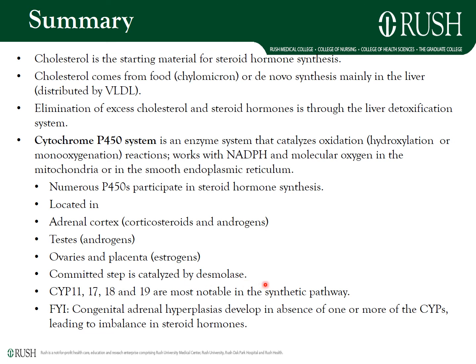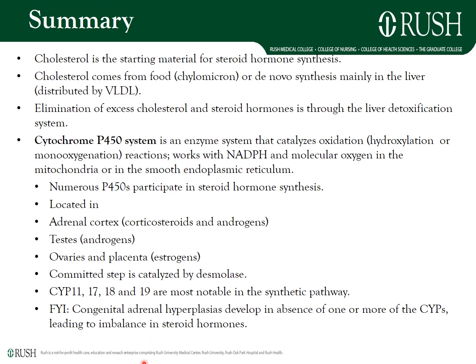The committed step of the whole synthetic process is so-called desmolase. That also is a CYP enzyme, and the further catalytic steps are done with other CYPs: CYP11B family members, CYP17, 18, or 19.